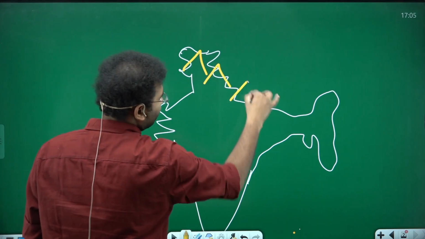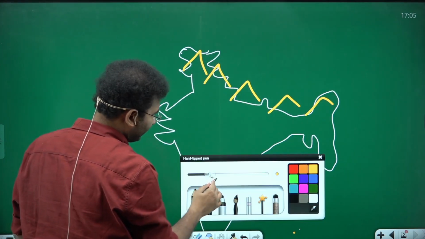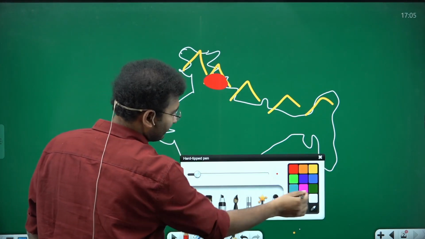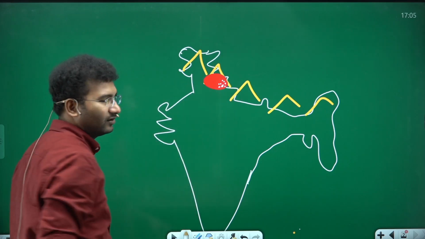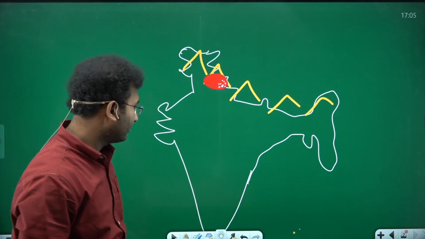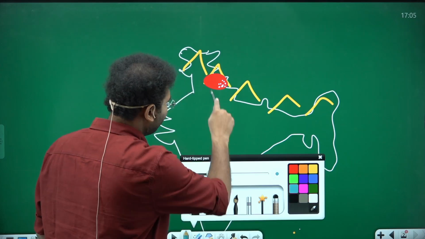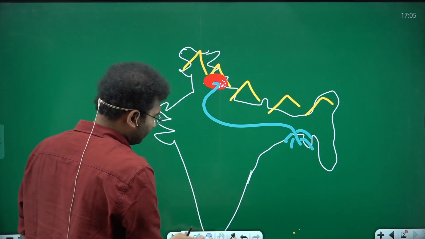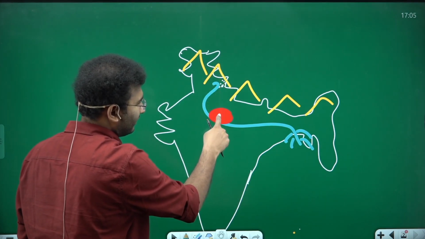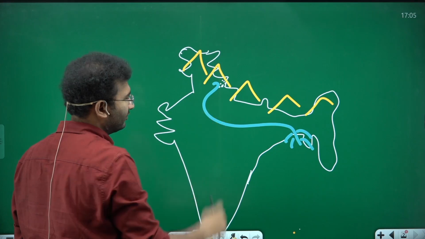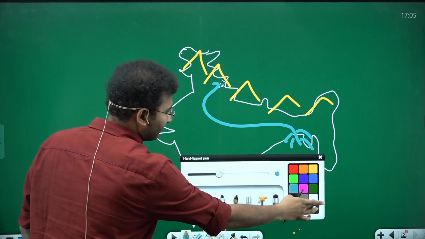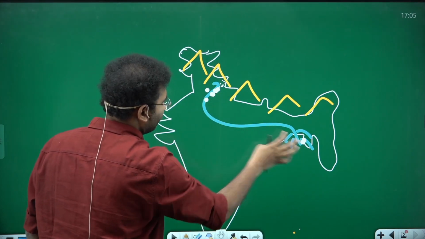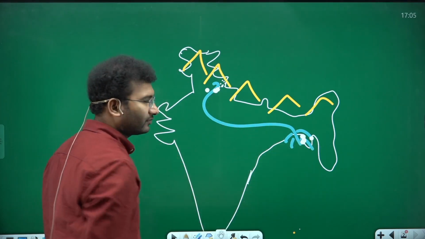So in the Himalayas, just imagine, I'm only asking you to imagine, it is not actually there. Imagine this is a rock, and in this rock you see certain placers or certain deposits of mineral. Now over a period of time, let's say there is the Ganga river. This Ganga river flows like this. The Ganga river brought this particular rock, and over a period of time this rock got soluble, and the minerals which were there in this rock were also carried by the river and got deposited elsewhere, right?